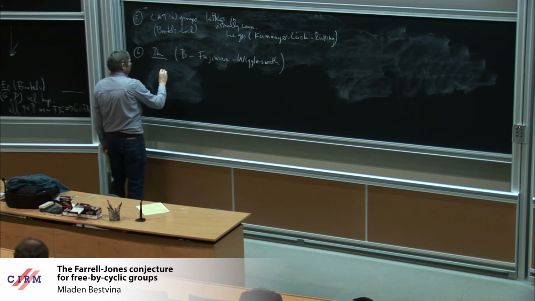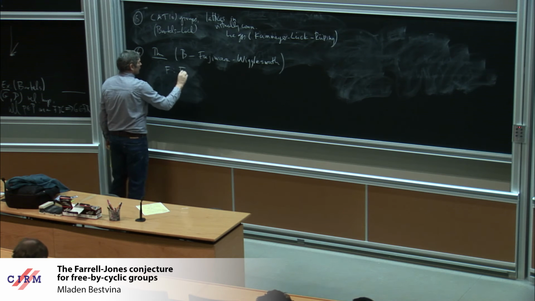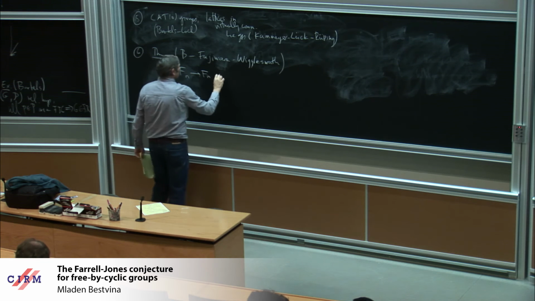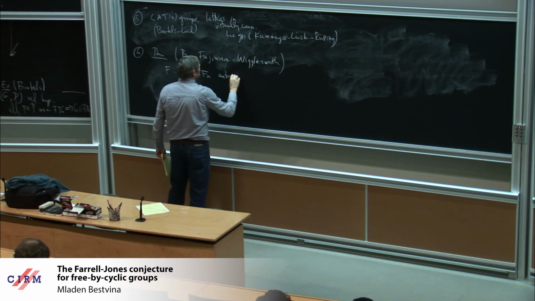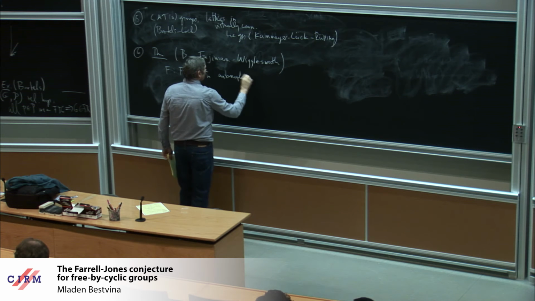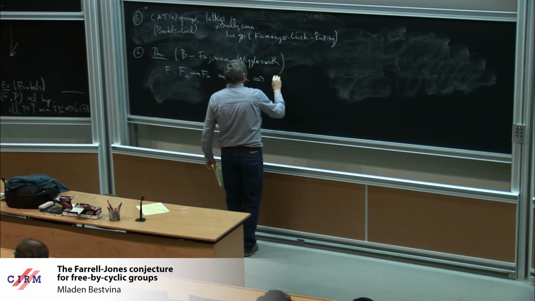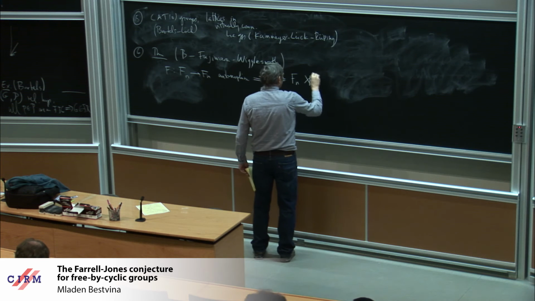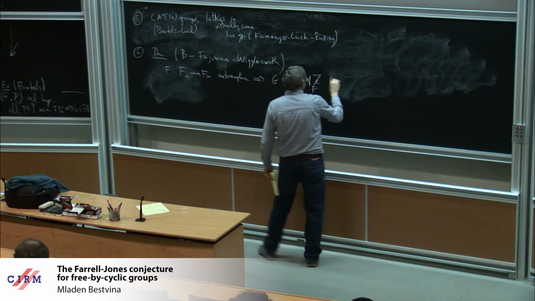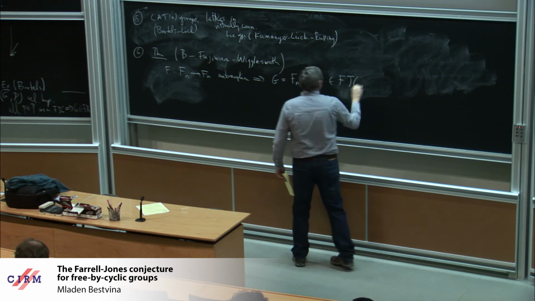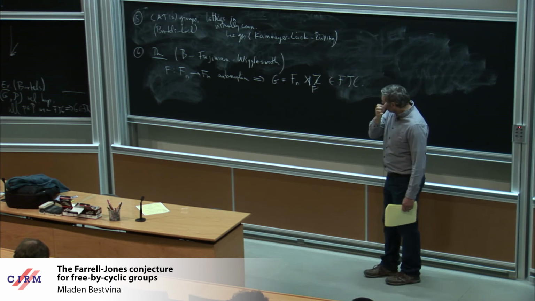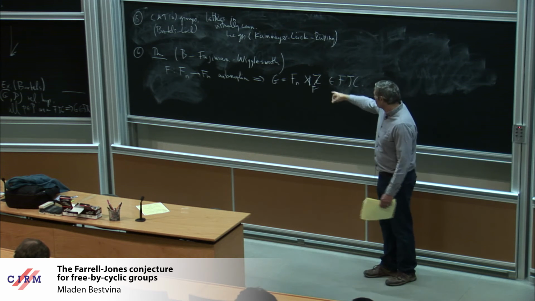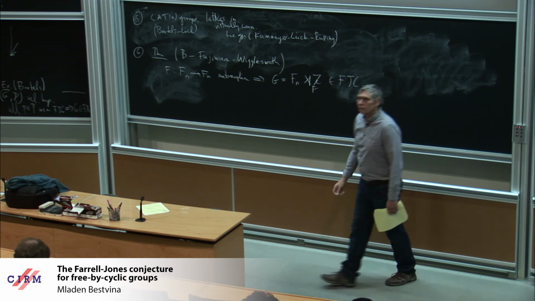If f from Fn to Fn is an automorphism, any automorphism, then the mapping torus G, Fn semidirect product with Z, is in FJC. Okay, so we already saw an example of this when f is identity, right? So it's a good starting point.